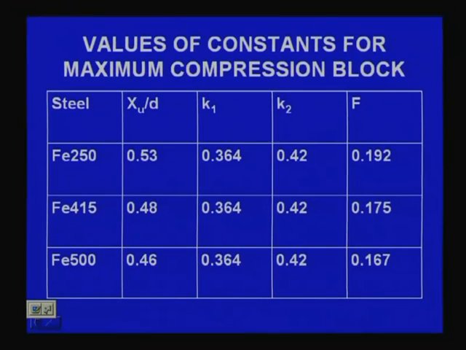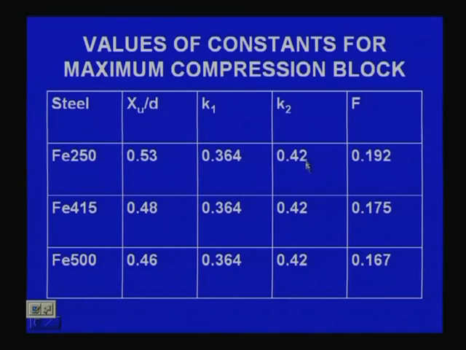So, values of constants for maximum compression block. We are considering it as a block, one straight portion and another parabolic portion. For different steel, XU by D we have already noted: 0.53, 0.48, 0.46. K1 is 0.364, constant for steel.